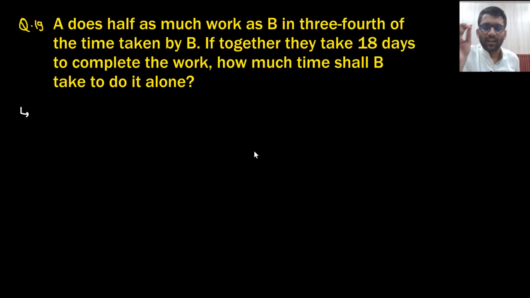A does half as much work as B in 3/4 of the time taken by B. Try understanding this statement. Let's just say the work is W. Half the work is done by A with its own efficiency, in 3/4 of the time that B takes.